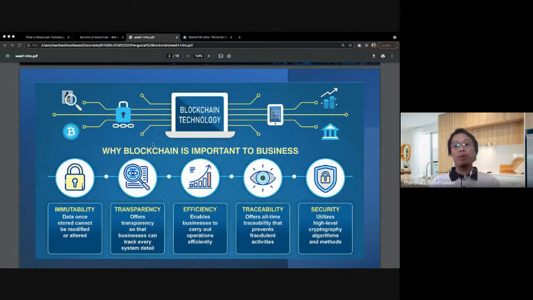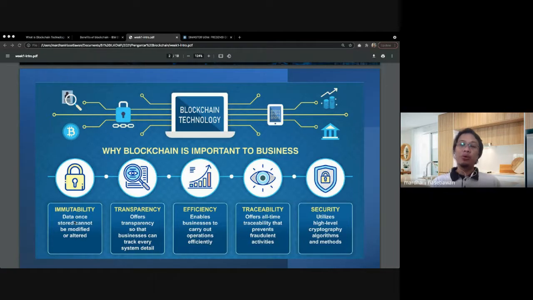So one of the discussions is why blockchain is important, especially for business. In concept, before we discuss the definition, blockchain has a feature that we call immutability. When we store the data, it means the data cannot be modified or altered.